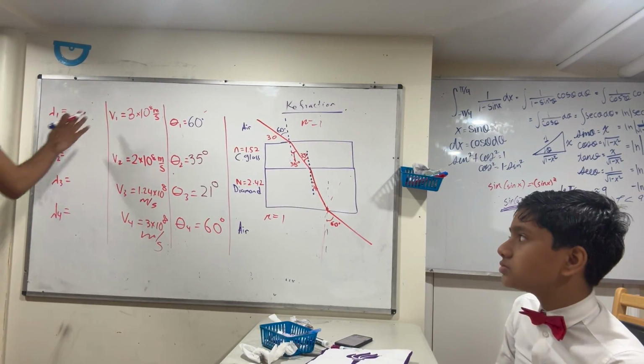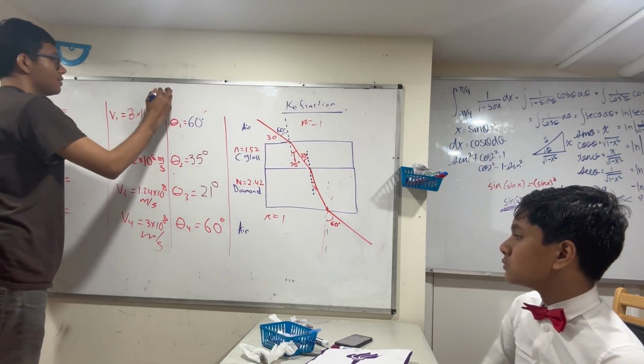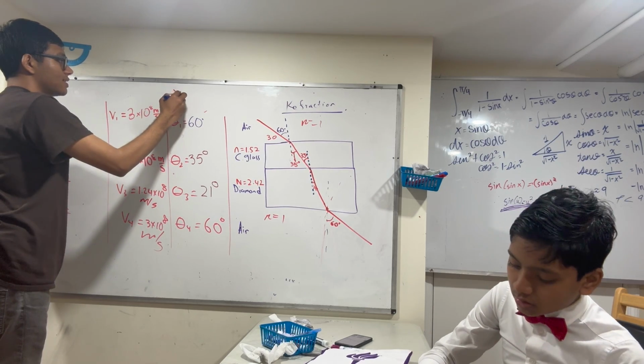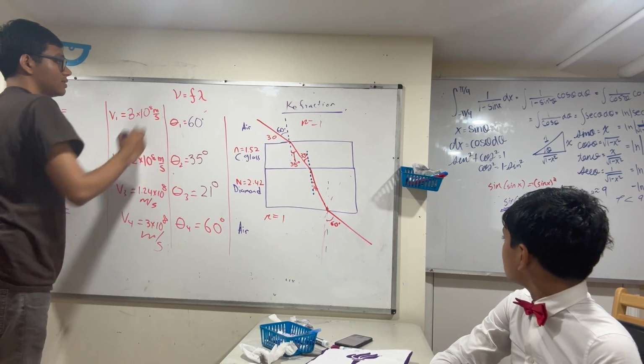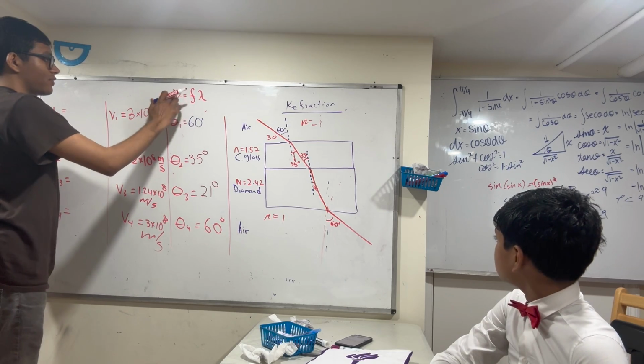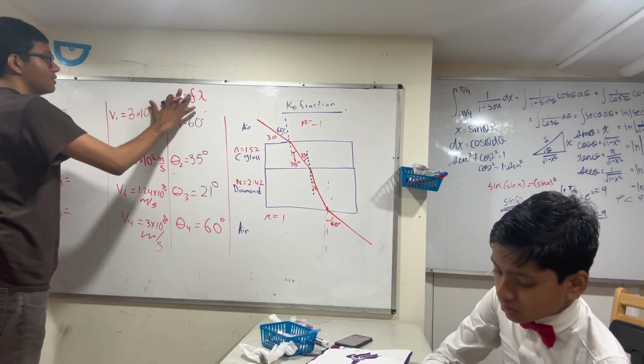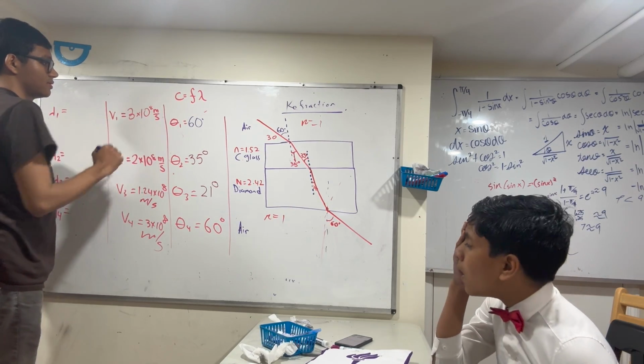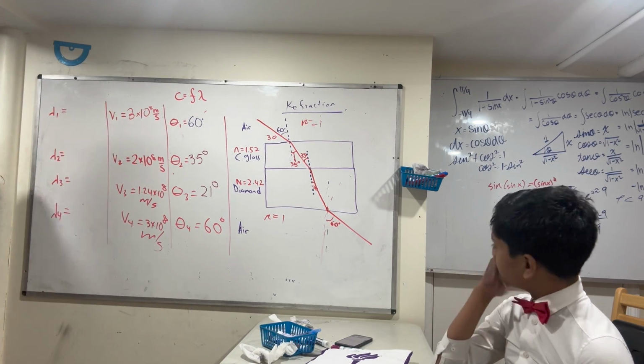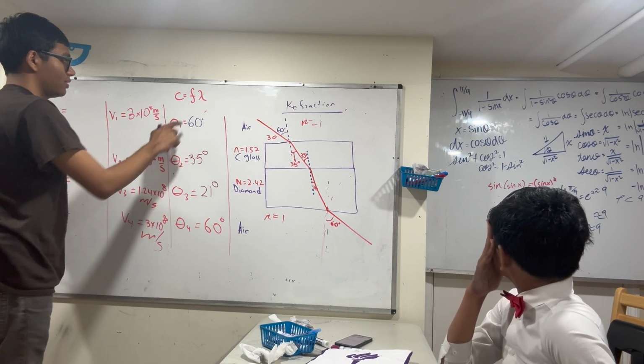Let me write it here. So V is equal to F lambda. In this case, V is of course C, the speed of light, because we are in air, for the first one.